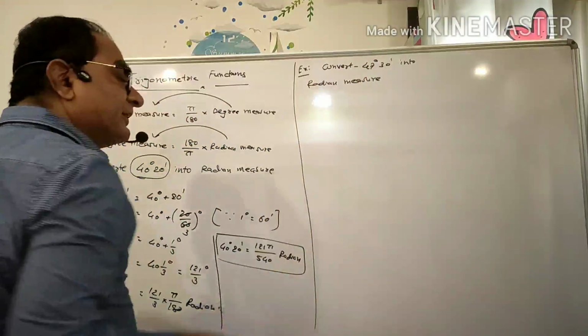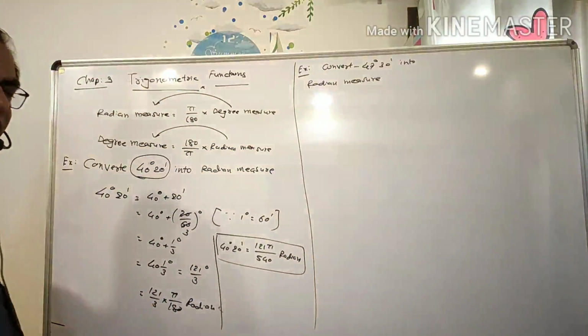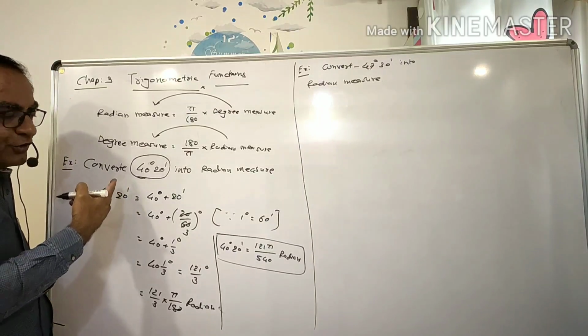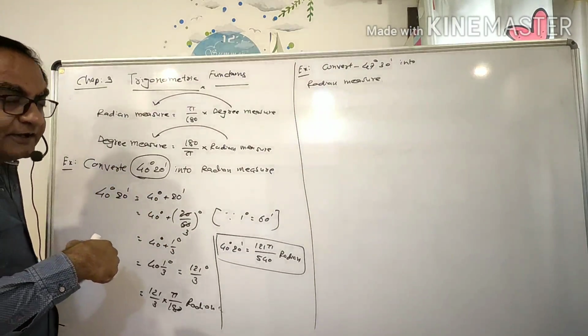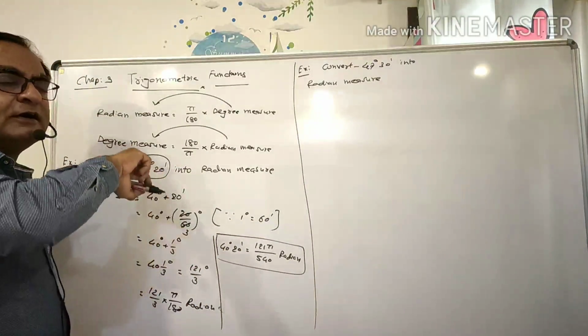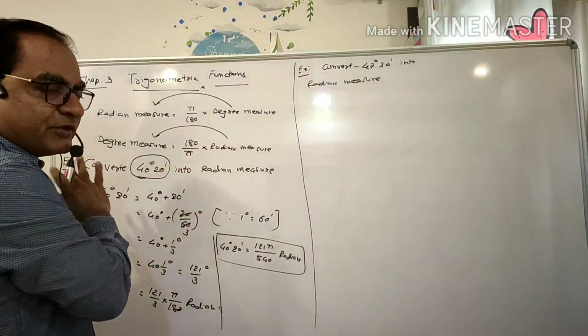Okay, now here minus is just indicating the rotation. In the earlier case there was no sign, so it was a plus, so the rotation was anti-clockwise. Here it's a negative sign, so the rotation of the angle is clockwise, but otherwise the rest of the things will remain the same.